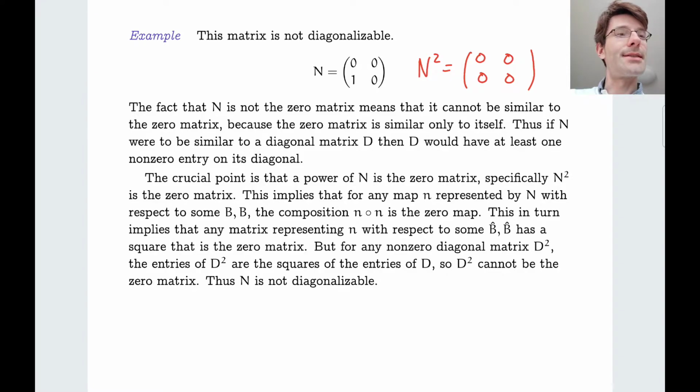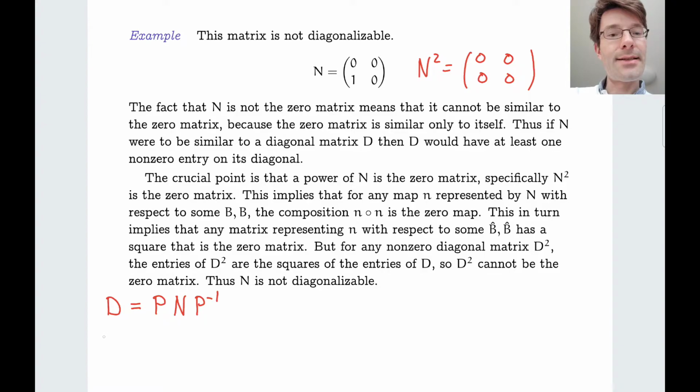So the argument is, suppose for a contradiction that there exists a diagonal matrix D such that there is a non-singular matrix P, and P times N times P inverse would be equal to that diagonal matrix. So let's suppose for a contradiction that such a diagonal matrix exists.